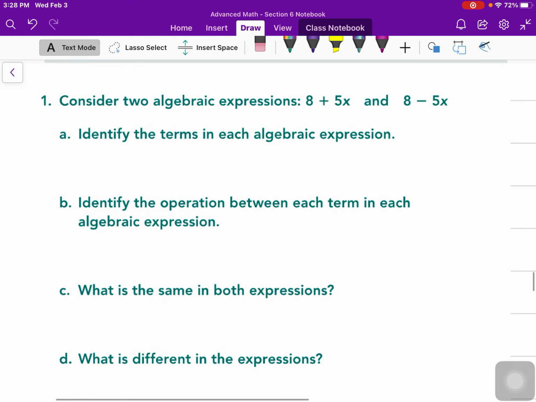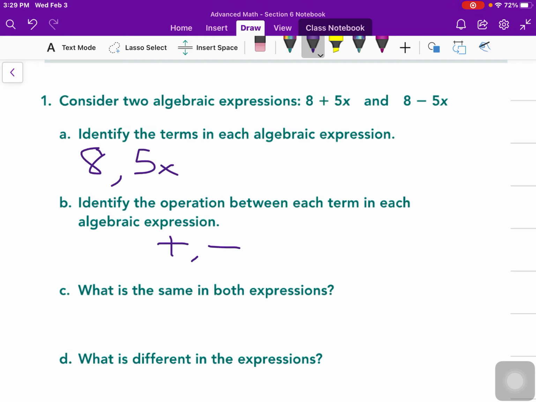Consider 2 algebraic expressions, 8 plus 5x and 8 minus 5x. Which are the terms in this algebraic expression? 8 and 5x. Okay, those are the terms. Identify the 2 operations between each term. Well, first one is add, and the second one is minus.